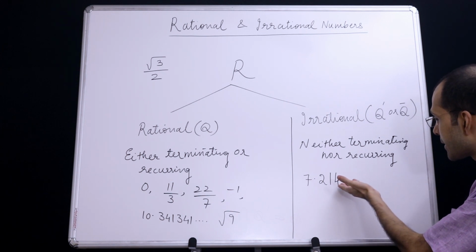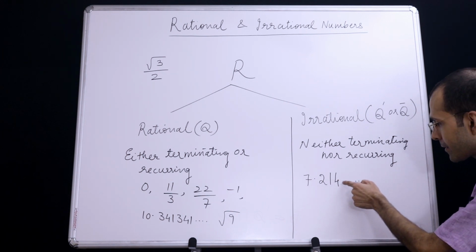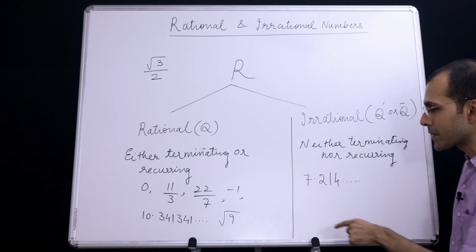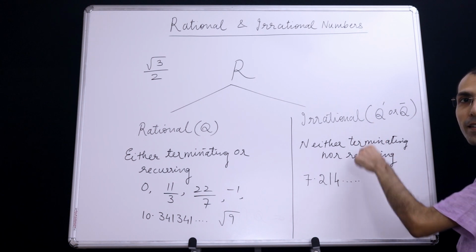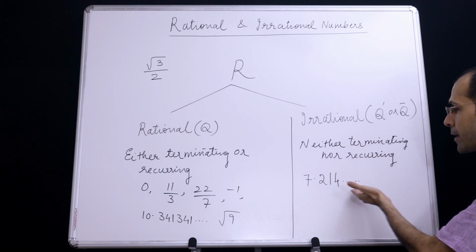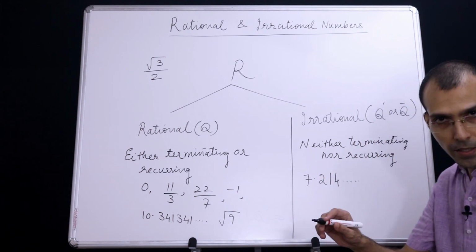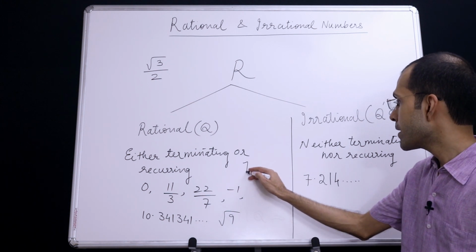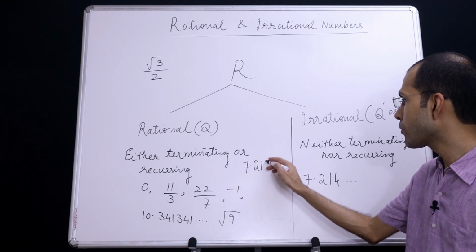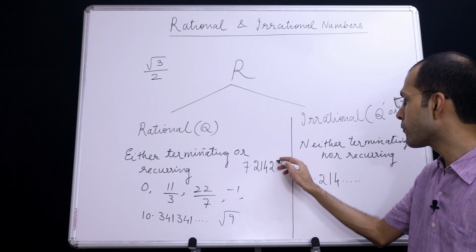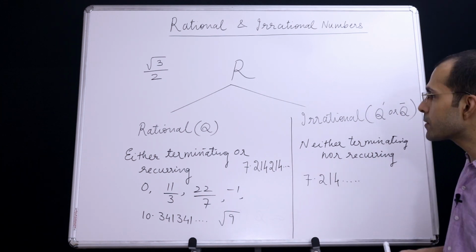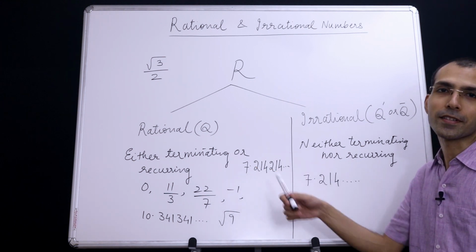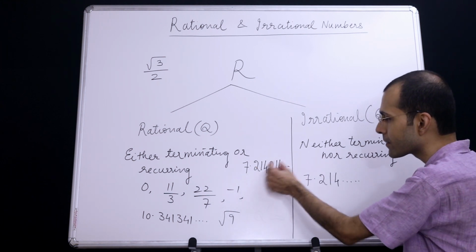Neither is it terminating. So 7.214... will be what? Irrational because it is neither terminating nor recurring. But 7.214 and then if we put ... this would be clearly rational because a pattern is recurring.